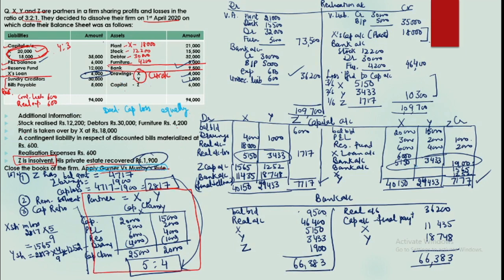It means that whatever loss we are getting here, that is 2817, this can directly be divided equally among the partners. So we'll work according to the question given to us. If question provides us something, like in this case, we'll work accordingly. And if it doesn't say anything, follow Garner versus Murray's ruling and calculate capital ratio very carefully, because there are two rules, fixed capital and another for fluctuating capital.